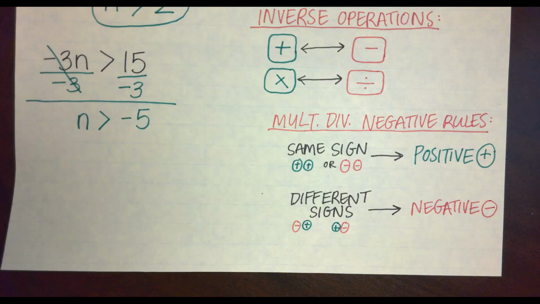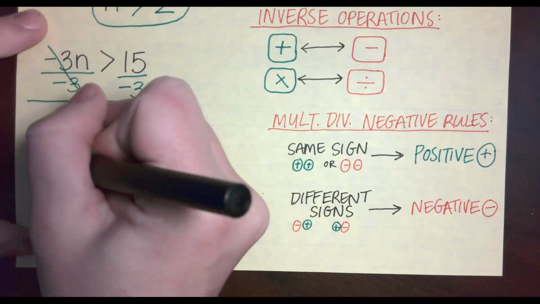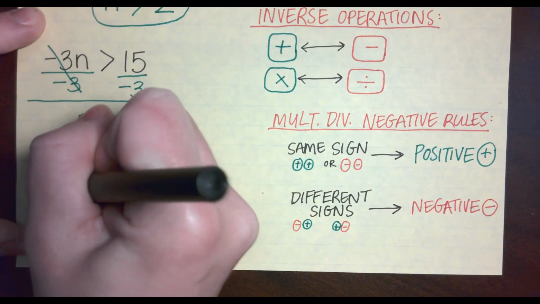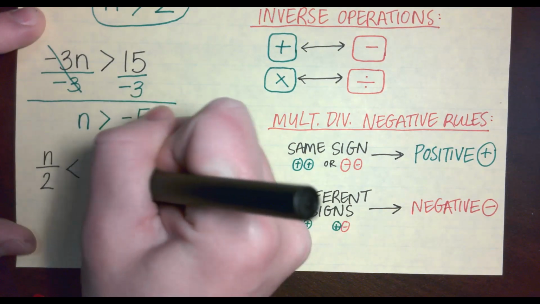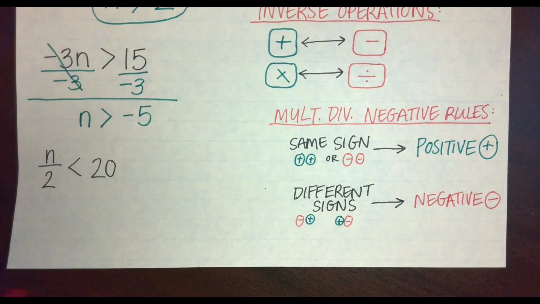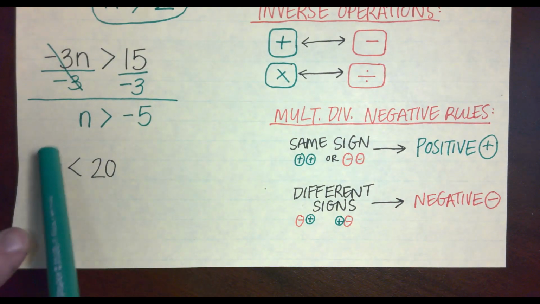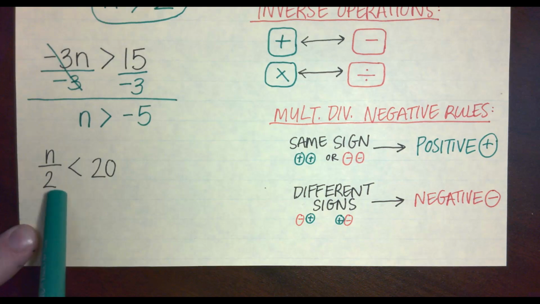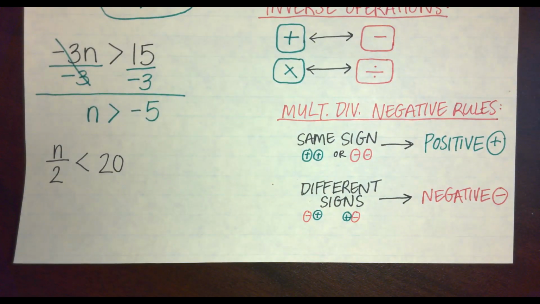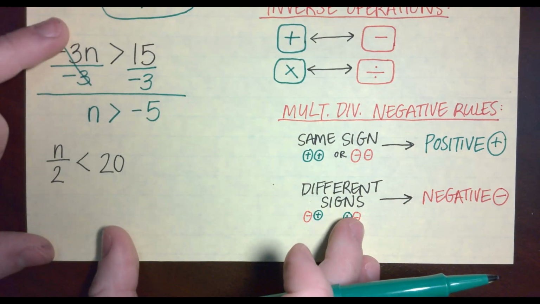All right, let's do another one. How about n over 2 is less than 20. First of all, when I have a number over another number, what operation is happening? Division. Good. So how am I going to get rid of division? Multiply.